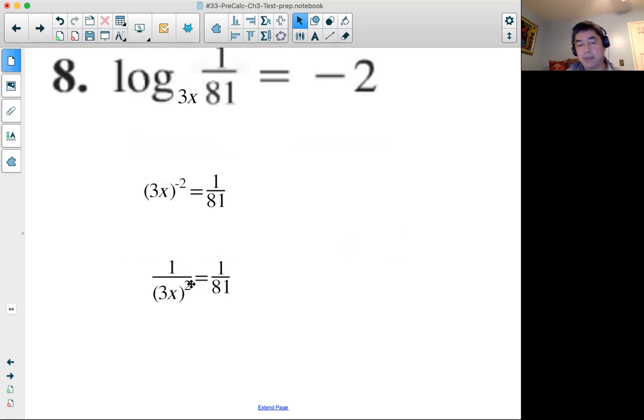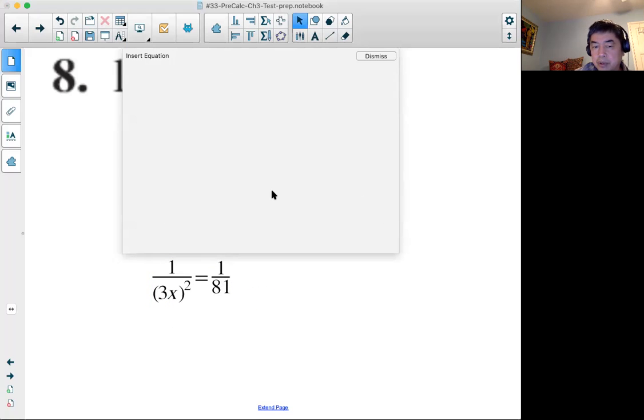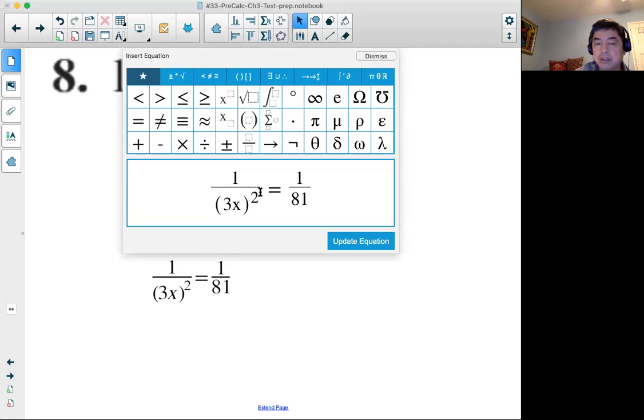Okay. Now, if you look at this, the numerator is the same, so we have to deal with this equation. So 3x to the second power must be equal to 81. Let me rewrite this. I cut and paste. If this is true, this must be true: the positive (3x) squared must be 81.